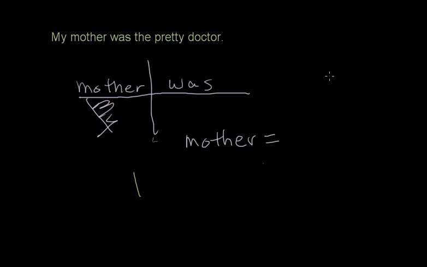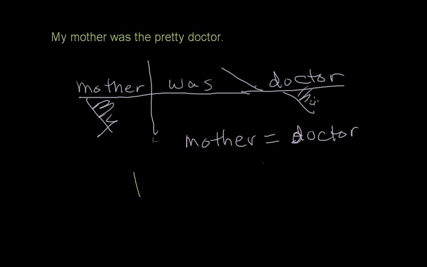And within this sentence, we're saying mother equals doctor. And because of that, our line is not perpendicular. It points back to the subject, and doctor goes right here. It is a noun, so it can still have adjectives modifying it.